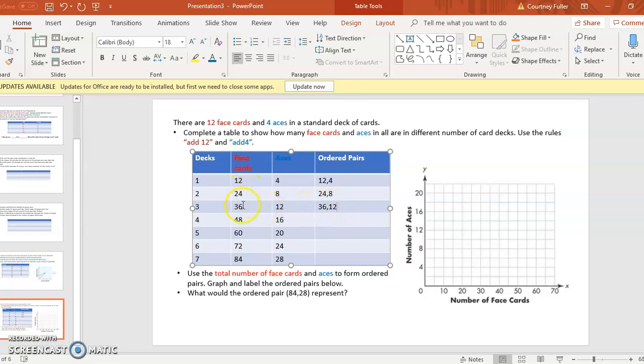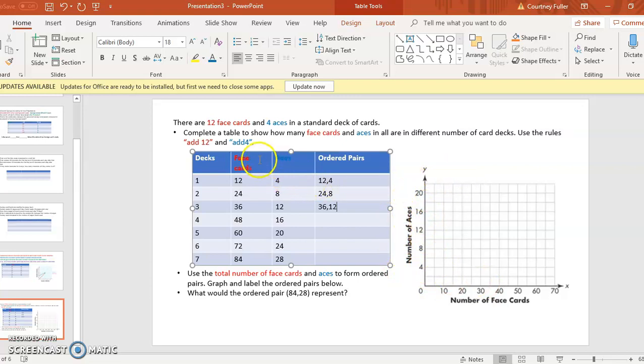As you can see, the face card is my X coordinate and my aces are my Y coordinate. How did I know that? I looked over here and I saw a number of face cards on my X axis and I saw a number of aces on my Y axis.